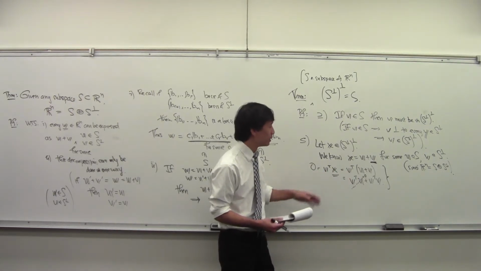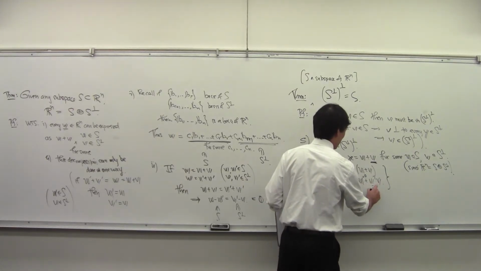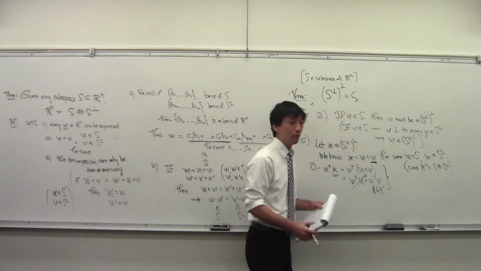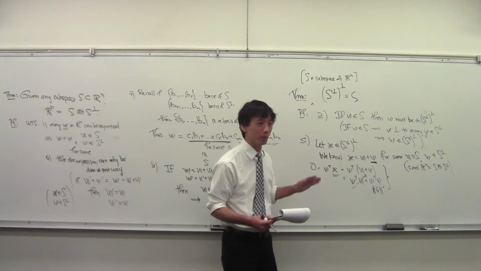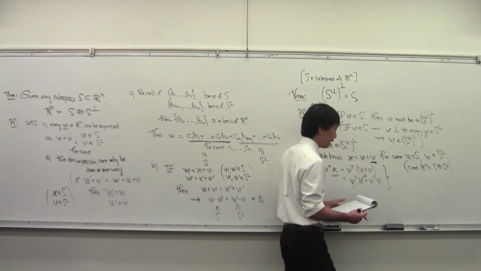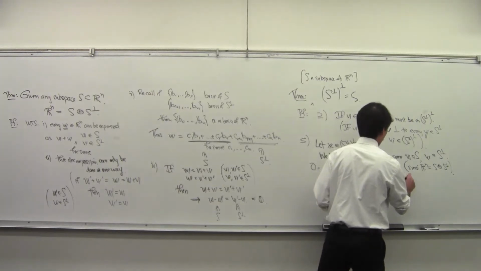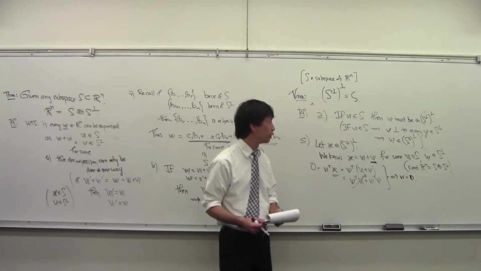Right. An easy way of thinking about it is that the dot product of a vector against itself is the magnitude squared. So you know that the magnitude of your vector is 0, so it's a 0 vector. There's only one vector with magnitude 0. This tells you that v is the 0 vector.